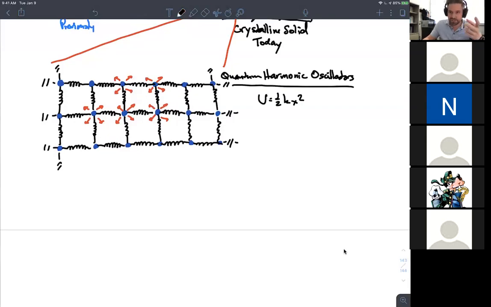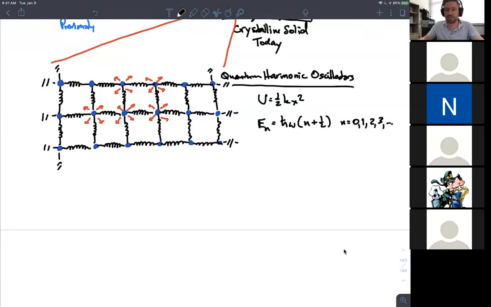You stick that potential into the Schrodinger equation, and from the Schrodinger equation, you get the wave functions and the energy levels. And the energy levels for a quantum mechanical harmonic oscillator are E_n equal to h bar omega (n plus a half), where n can be any integer it damn well pleases.